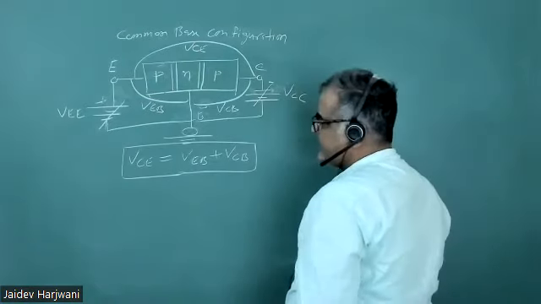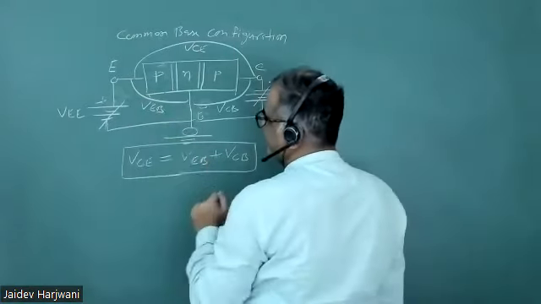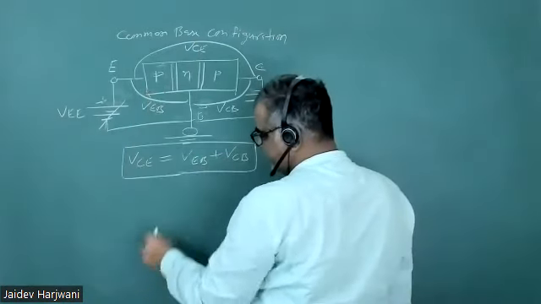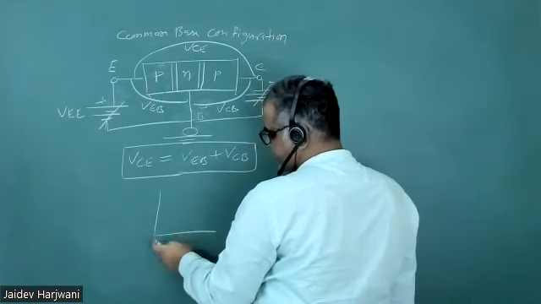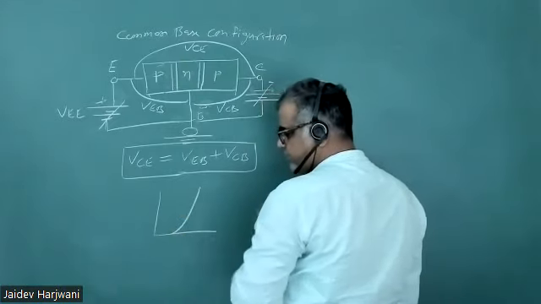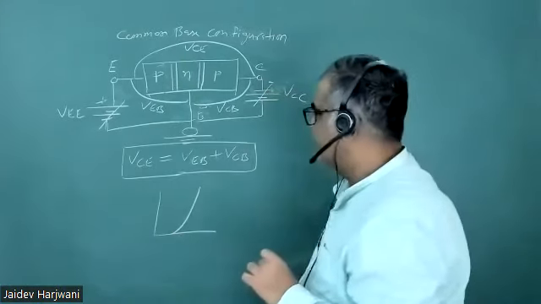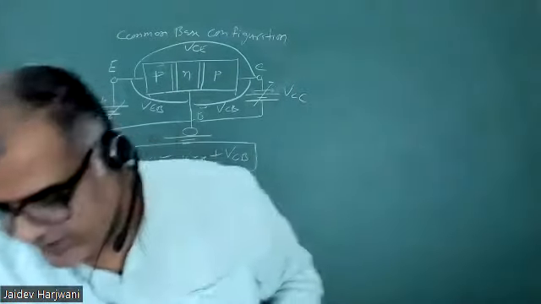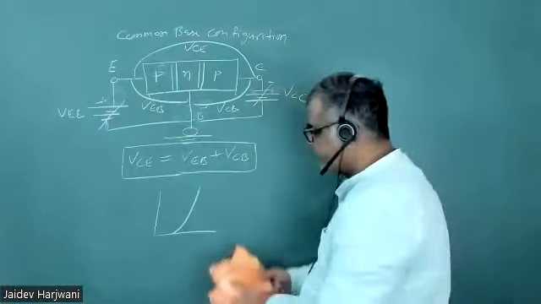Now, as soon as I apply forward bias, what will happen? This much voltage will develop. Whenever you apply some voltage across a junction, what will happen? Current will flow, yes or no? So here also, when I apply voltage, the current flows.